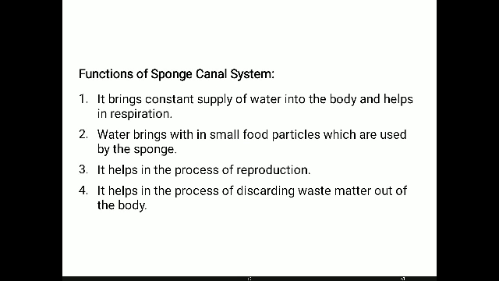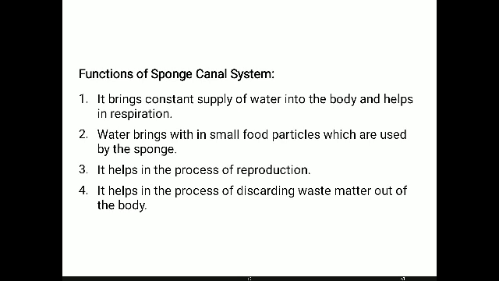The functions of the canal system in sponges. It is very important as far as the survival of sponges is concerned. The water current brings a constant supply of water into the body. This helps in respiration, that is exchange of gases.